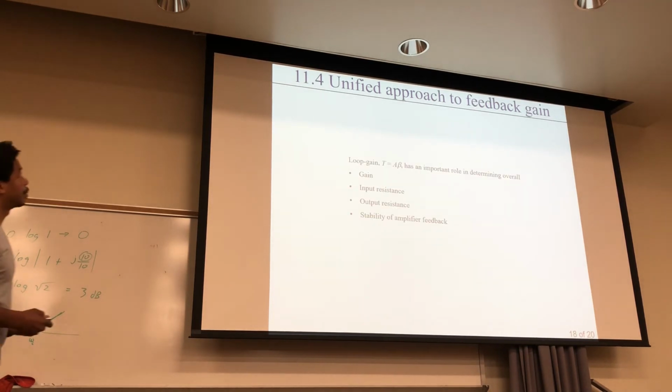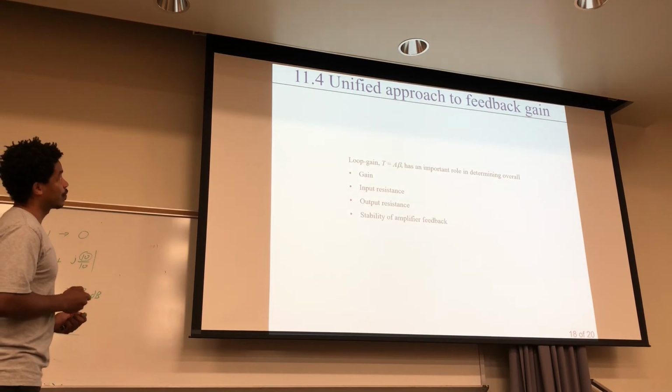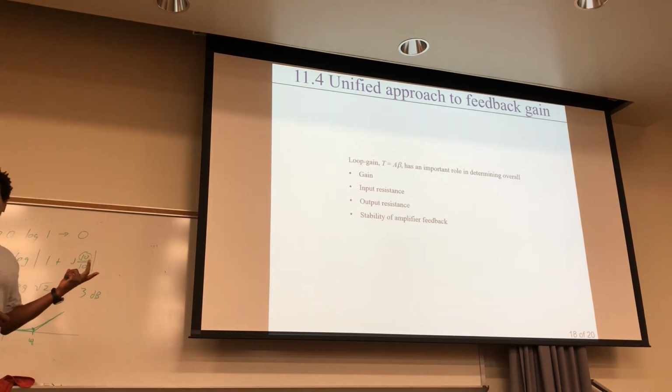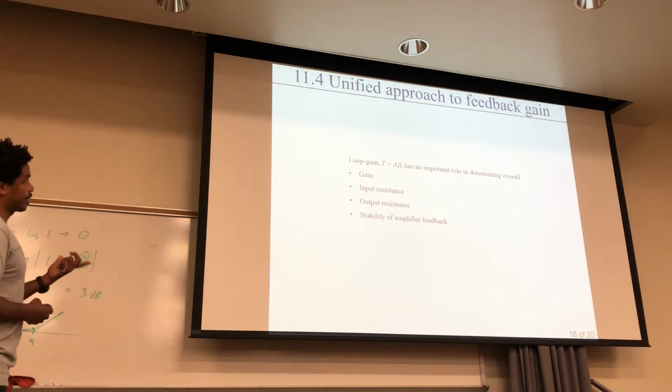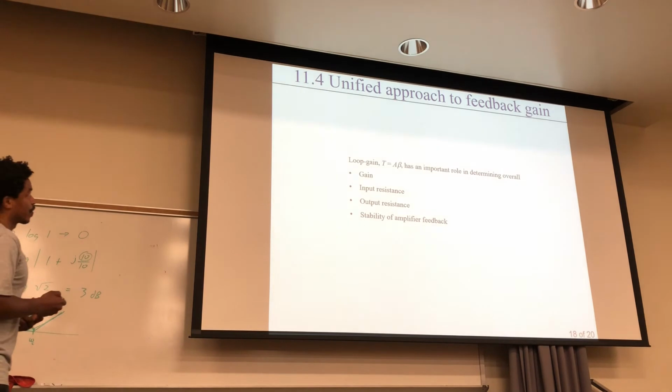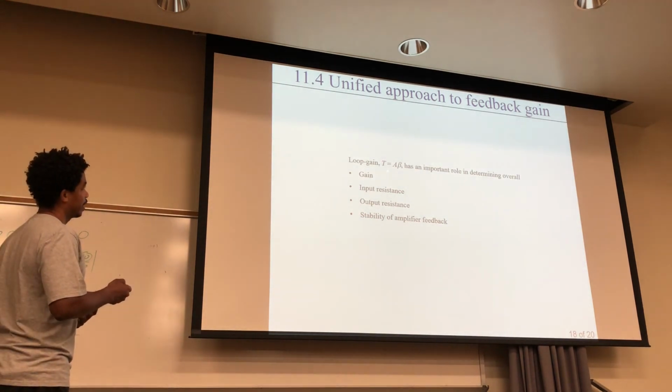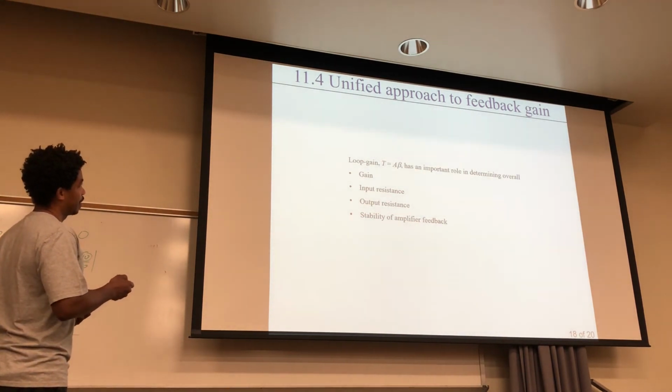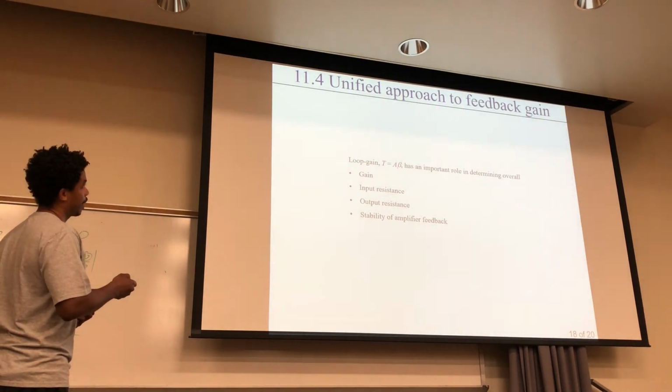Okay, so let's move on to a unified gain, and we'll apply this to our types of op amps too. So in all those cases, there's a way to look at all of these things. So for this loop gain, remember that's T, the open loop gain right here, and the feedback gain beta.